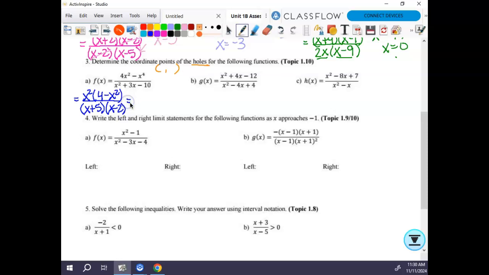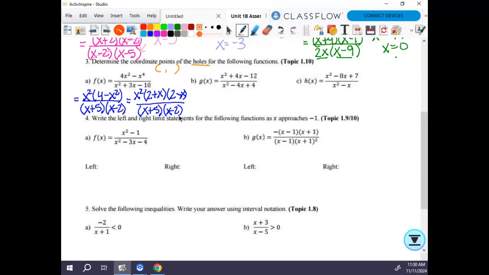Then I can factor the numerator some more. So this gives me x squared, and then that is a difference of squares. So this is 2 plus x and 2 minus x, all over x plus 5 times x minus 2. And I need more room than I have here.